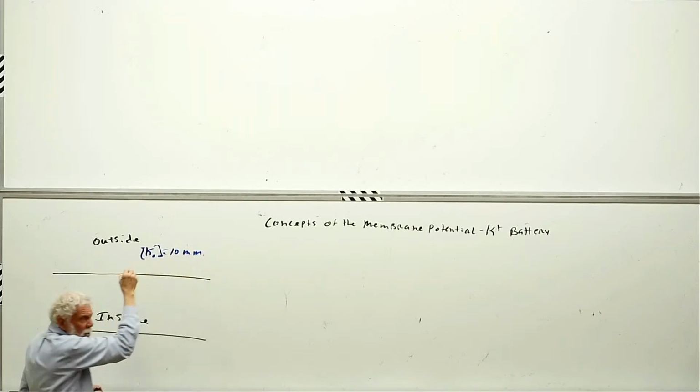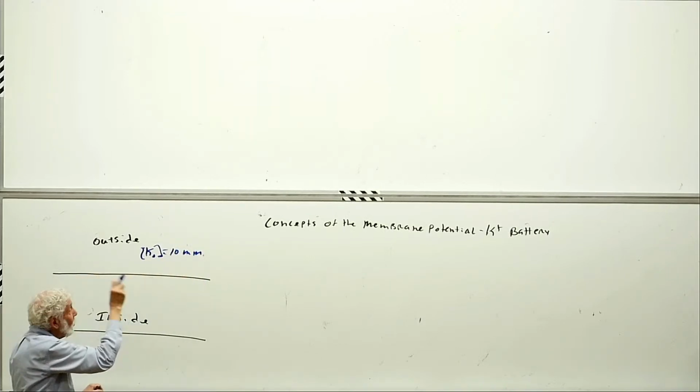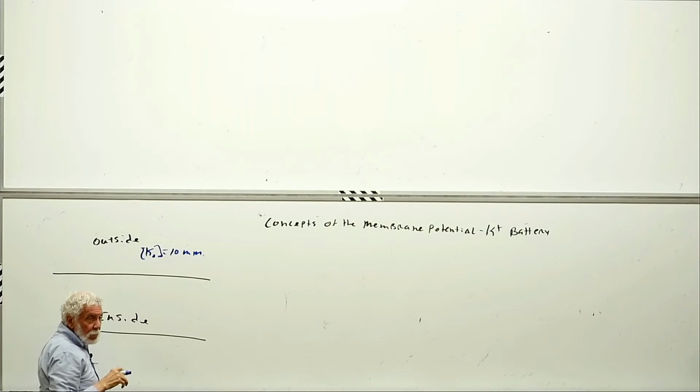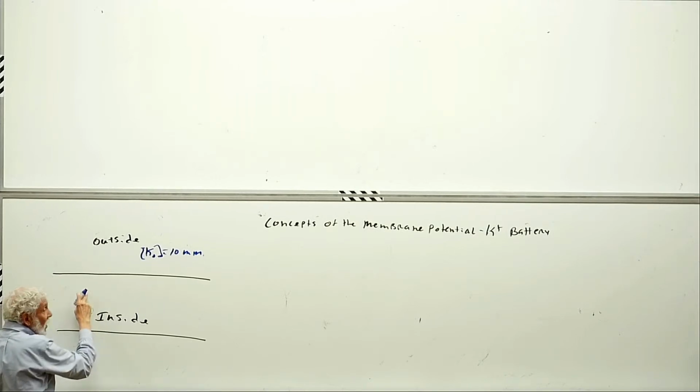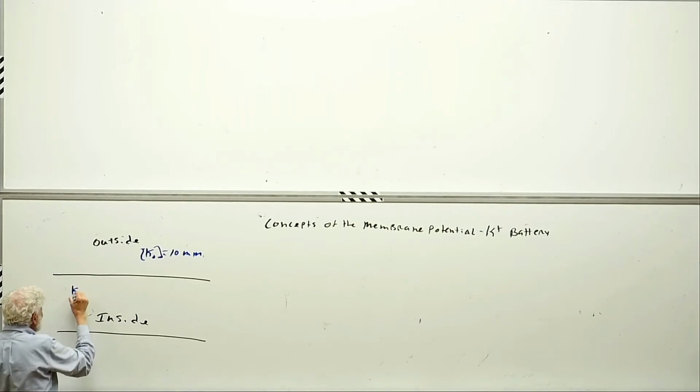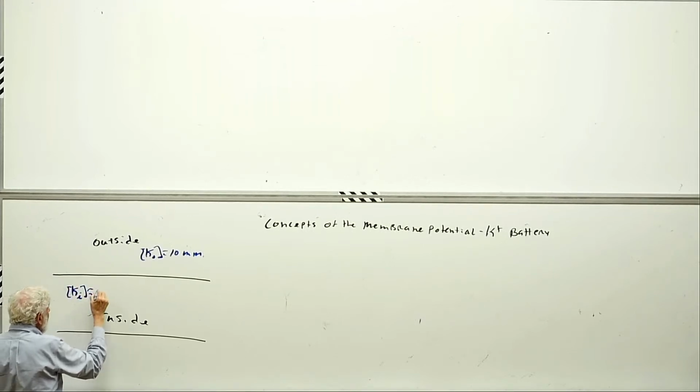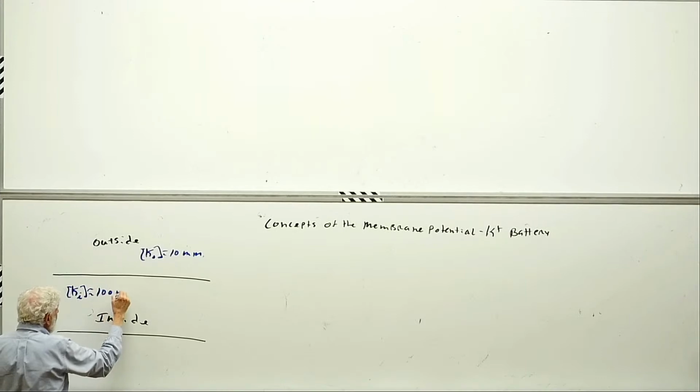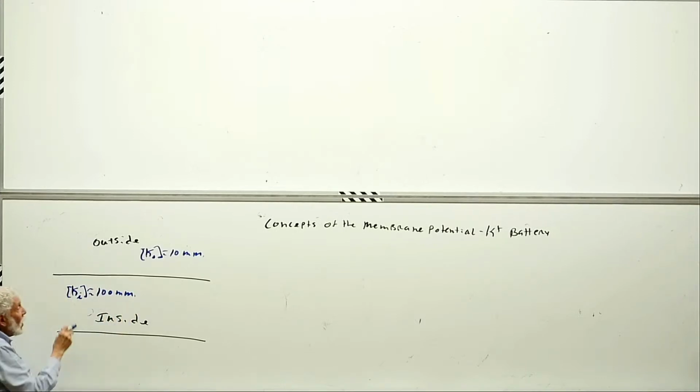Now you remember that's not the number I gave for biology, but I want to keep this simple, so we're going to say it's 10 millimolar. Then on the inside here, we have potassium concentration in the neighborhood of about 100 millimolar. In other words, we have 10 times more potassium on the inside than on the outside.